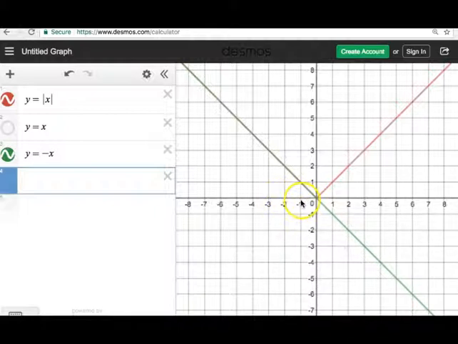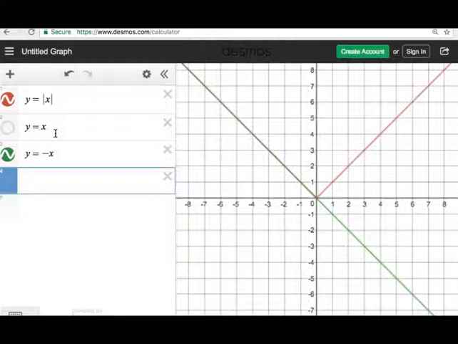Because look, when x is negative 1, what's the absolute value of negative 1? 1. Because you do negative, negative 1. That's why this is the equation. So when you have an absolute value equation, you have to write the positive version of the equation and the negative version of the equation.